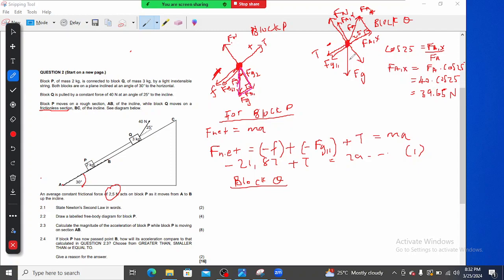And then let's also find FG parallel for this block. We said that the formula for FG parallel is mg times sine theta. So the mass of block Q is 3, so it's 3 times 9.8 times sine 30.